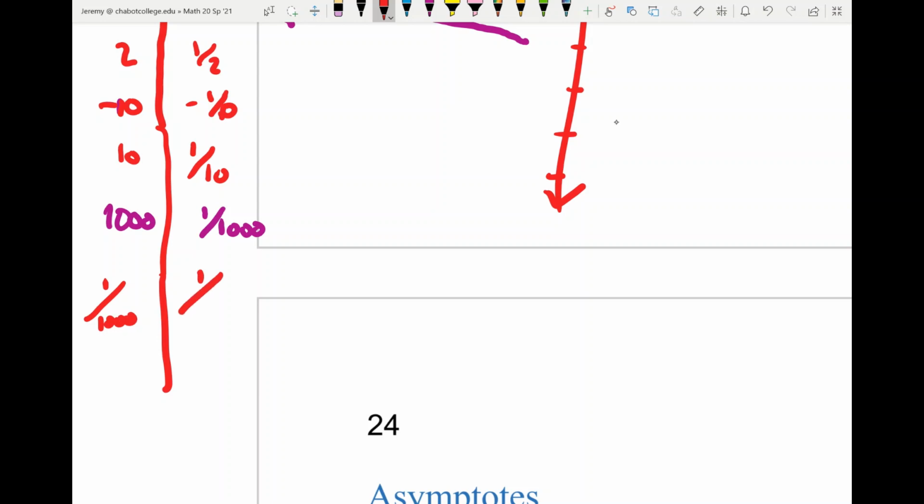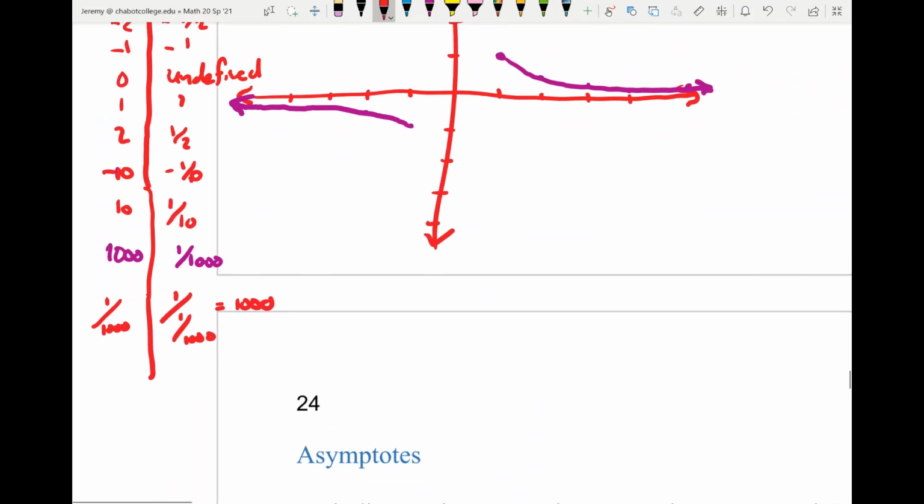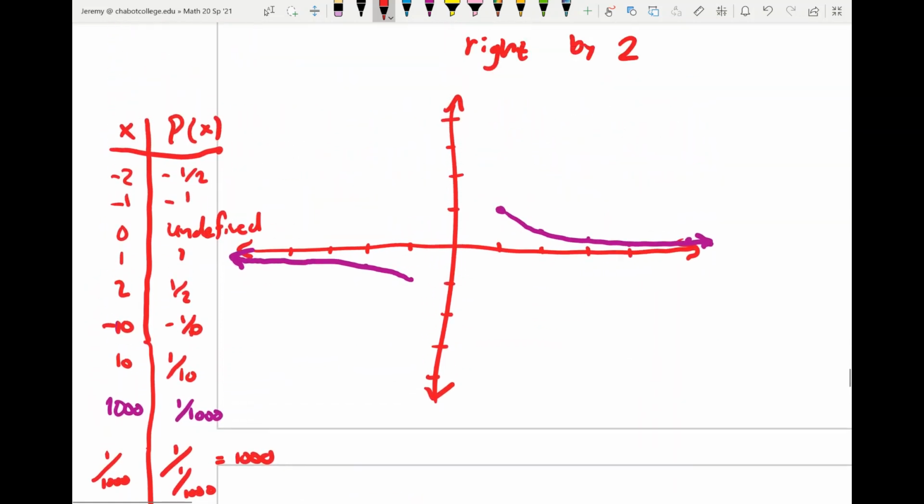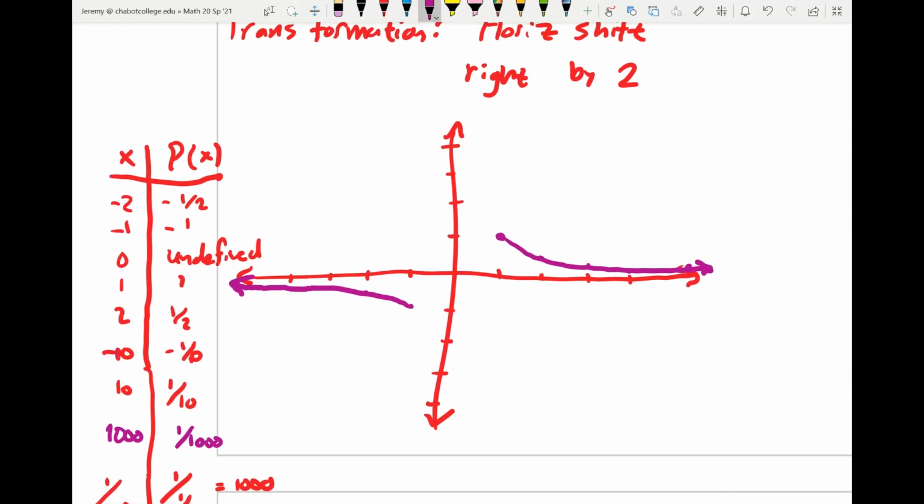Well, 1/1000, just multiply by the reciprocal, and we get 1000. Okay? So it turns out that as our x values are approaching 0, the outputs of the function get really, really, really big. Okay, and same thing happens on the left, but in the negative direction.